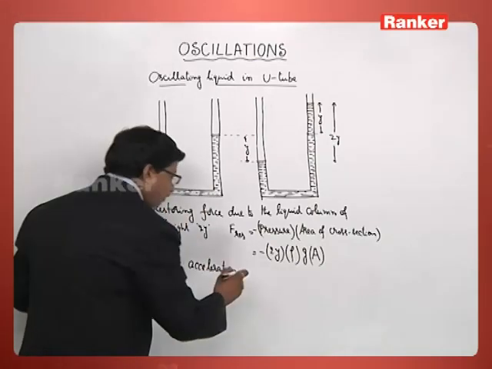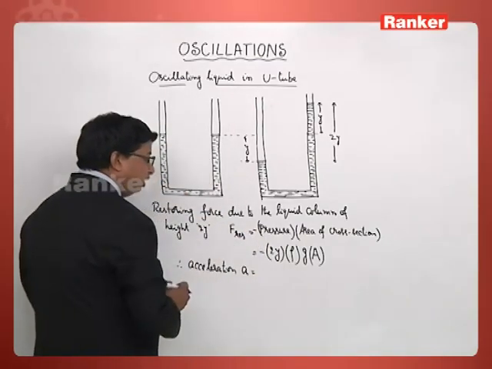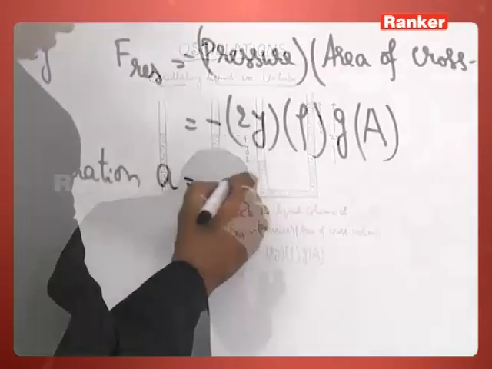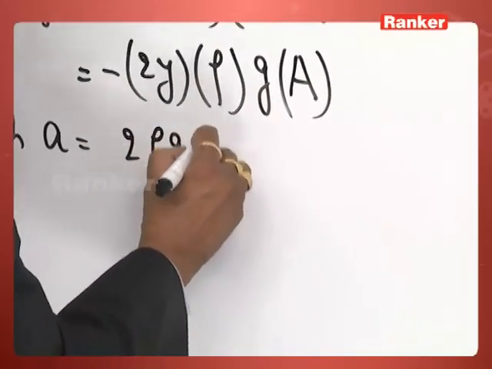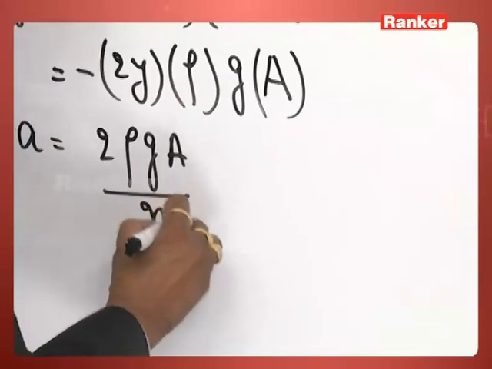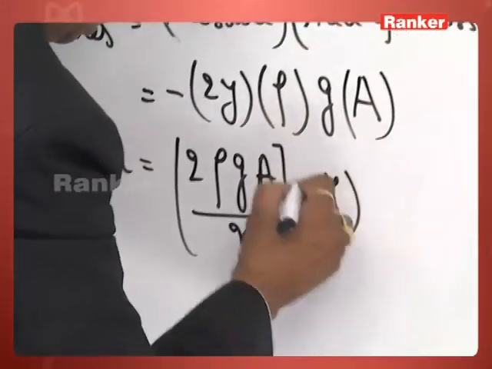So what would be the acceleration? It is restoring force divided by mass. We can write this as 2 rho g A by m into minus y.